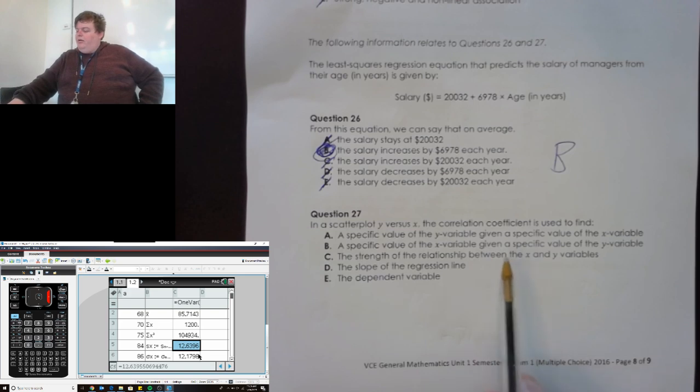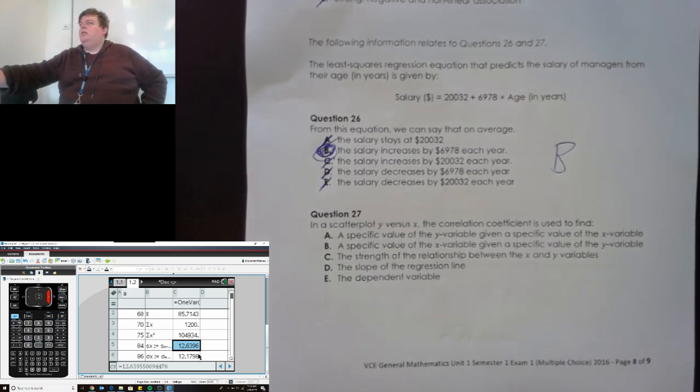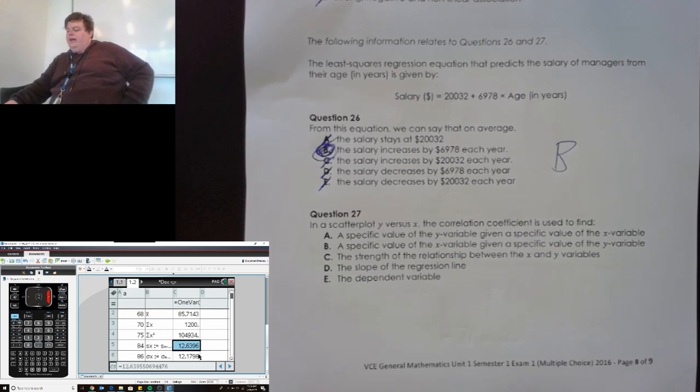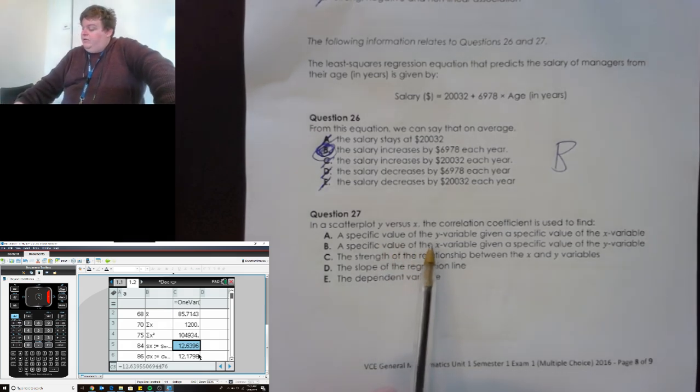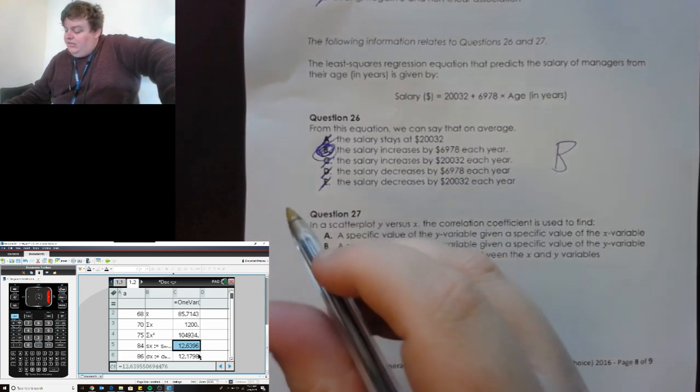So in a scatter plot, what's the correlation coefficient used for? What's its purpose? I guess you're trying to find either a specific value of the y variable given a specific value of x. Probably no, that doesn't sound right to me.